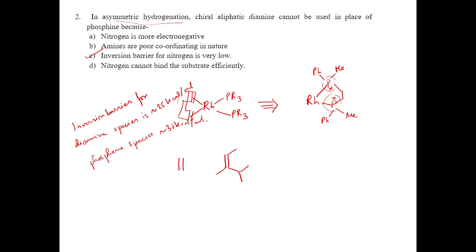So this has no substitution and this has another substitution. So you can see here you don't need any selectivity for what you will prepare. I mean, after the hydrogenation, this thing will be prepared.